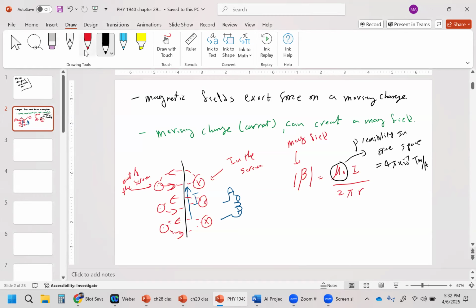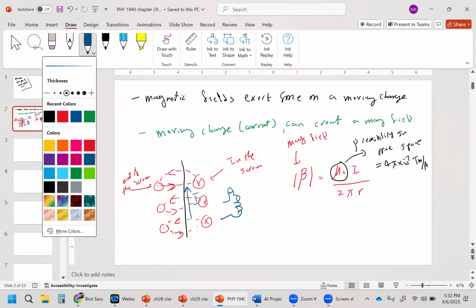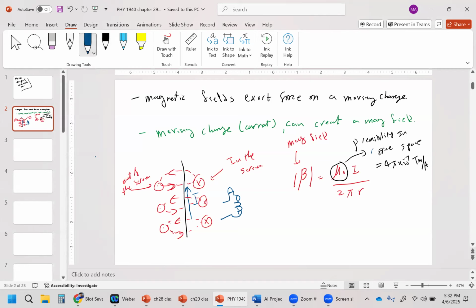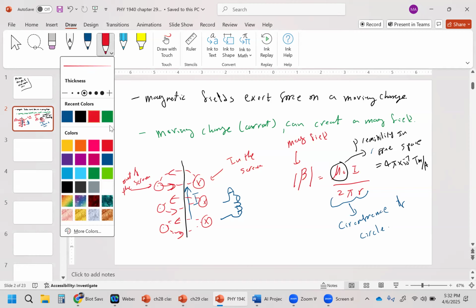Now, our 2 pi r that we have over here is going to be the circumference of the circle, which is your circle right over here. Let me make this a little bigger so you can see it better.